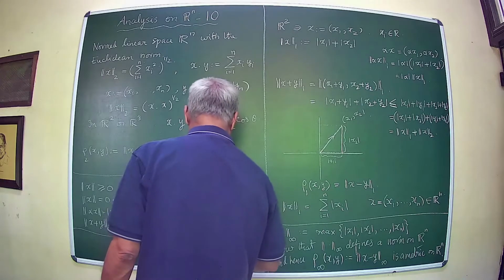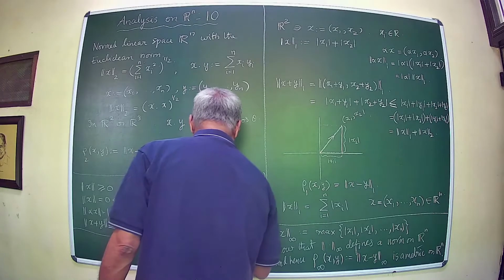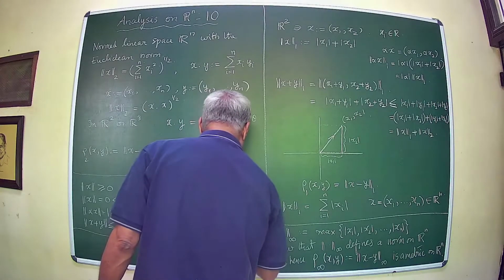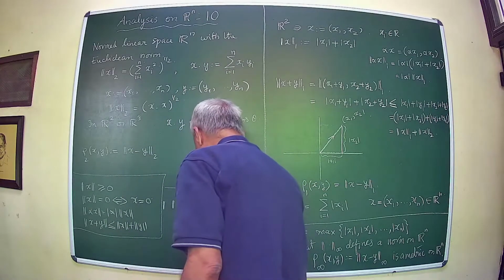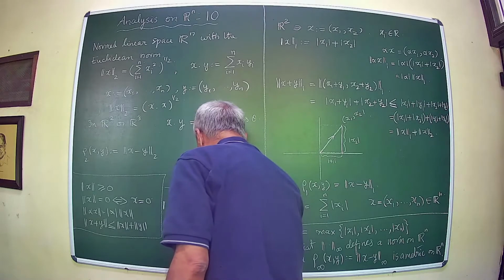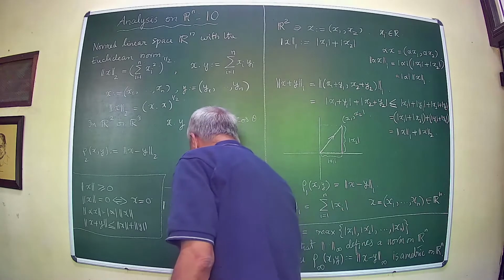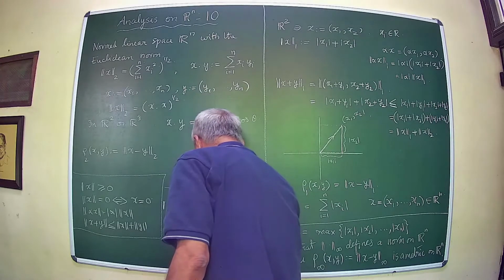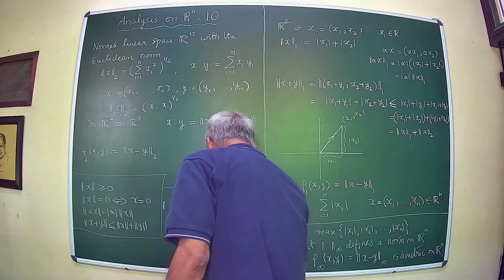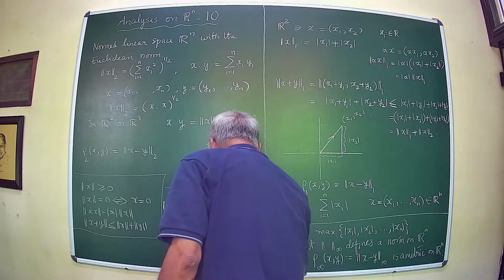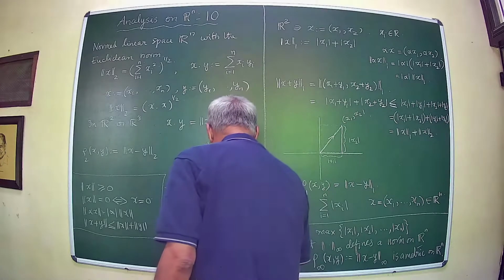The rho of xy equal to 0 if and only if x equal to y. Then rho of xy equal to rho of yx, and rho of xy is less than or equal to rho of xz plus rho of zy. This is what you have to prove.